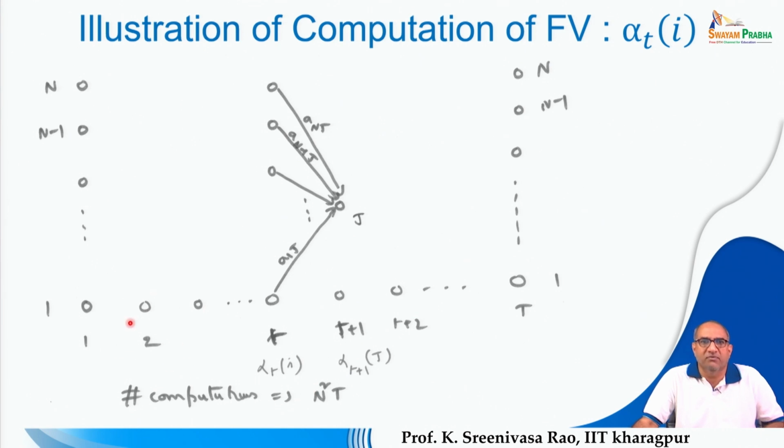Whereas, by using this forward procedure, you can compute alpha t of i at each time instant for all the states.